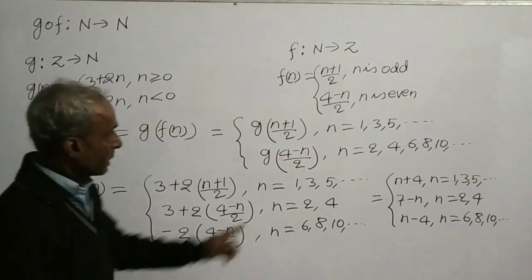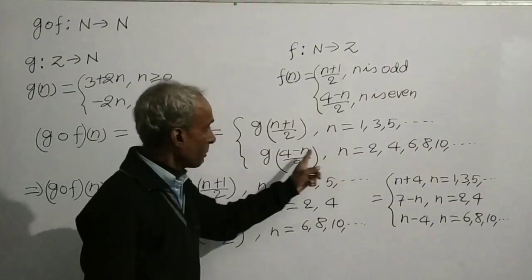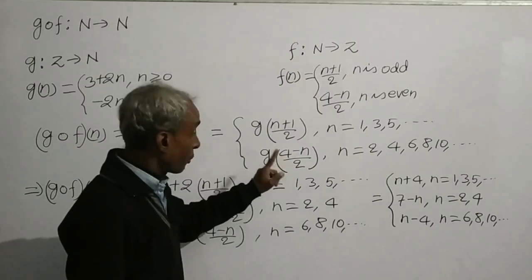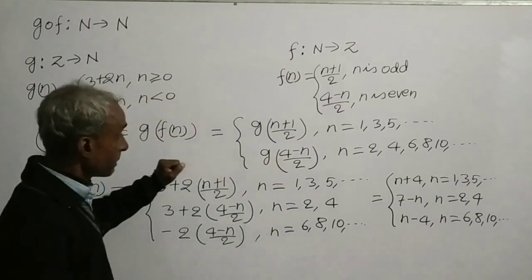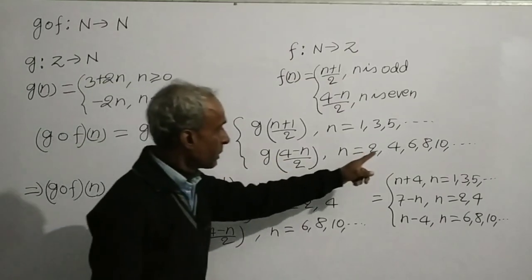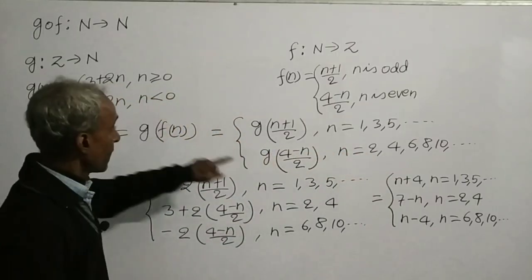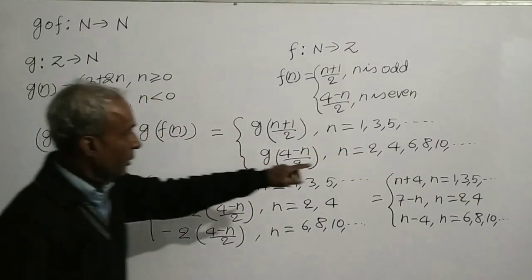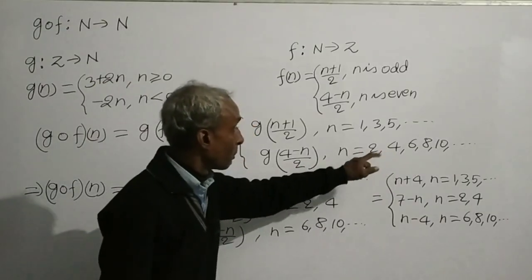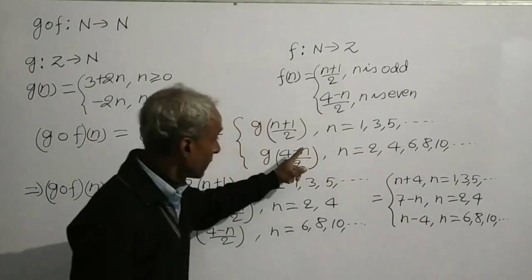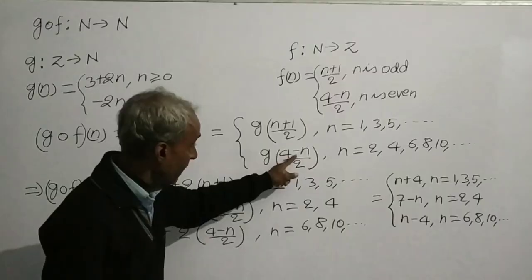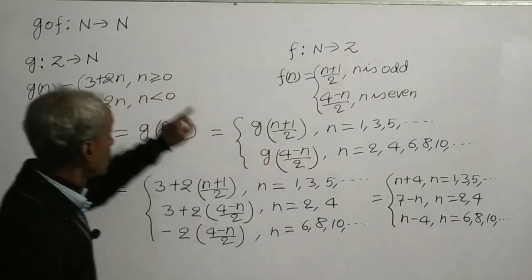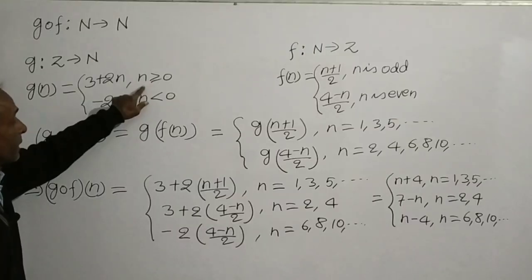When we put 2 in place of n here, we get 1, which is a positive integer. Therefore, g will be written according to this rule. When we put 4 in place of this n here, then 4 minus 4 by 2 is 0.